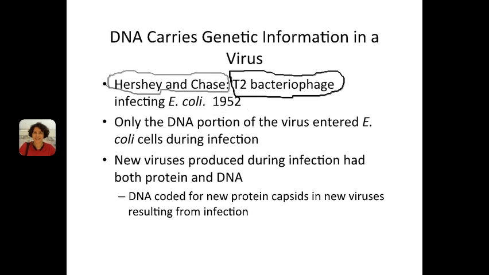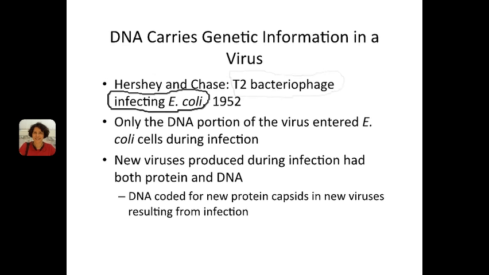Bacteriophages are viruses that specialize in infecting bacteria, and this particular bacteriophage was used to infect E. coli bacteria. What makes using bacteriophages for this experiment so appropriate is that it's a very simple system.